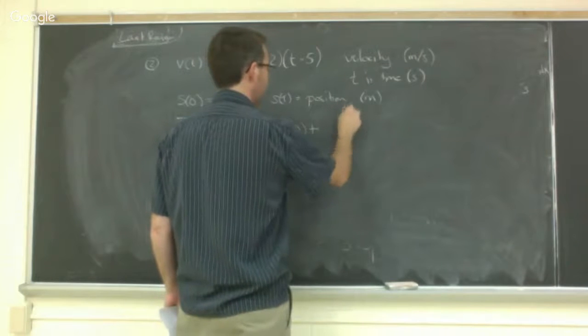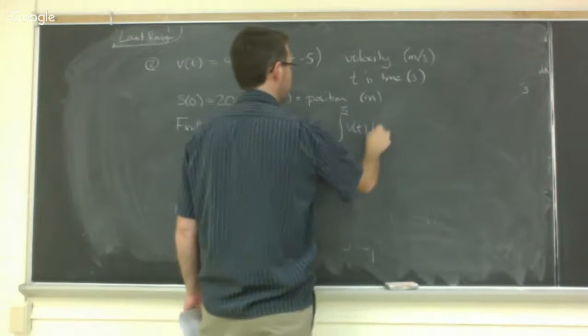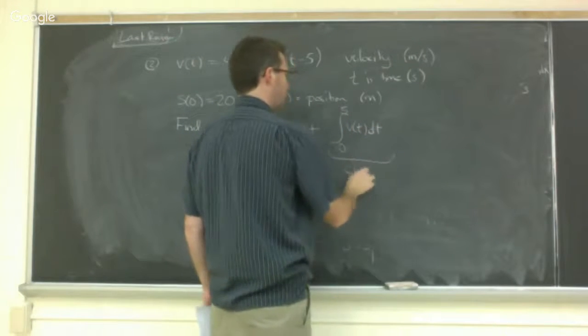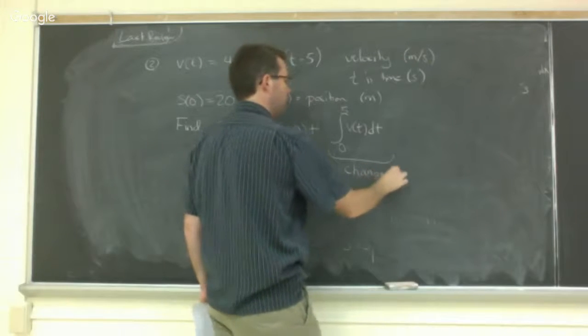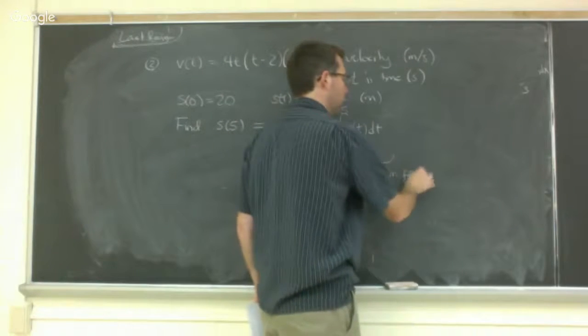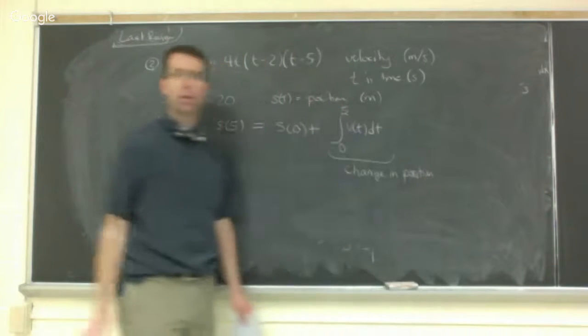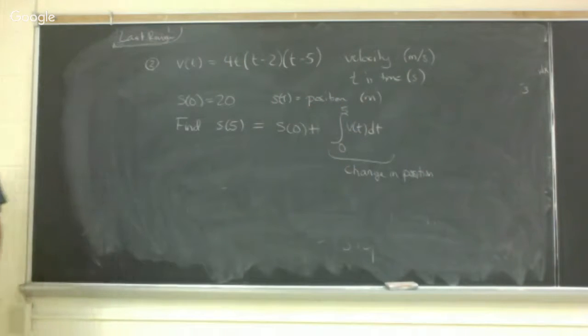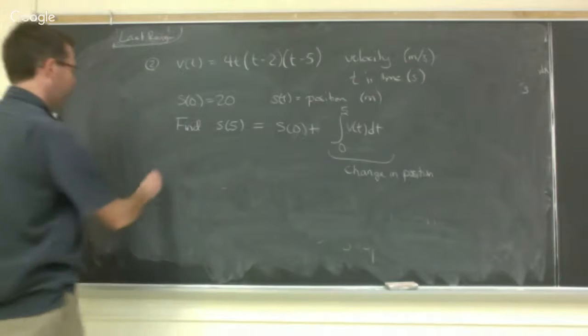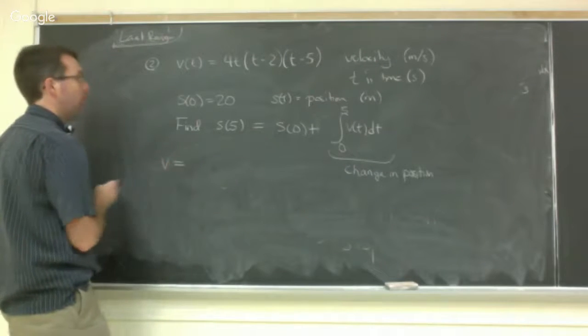And the integral of velocity gives you the change in position. This is one of the things I've really tried to stress the last 4 weeks of class, that the integral of a rate is the total change. But in this example, I think finding an antiderivative is actually probably the better strategy.